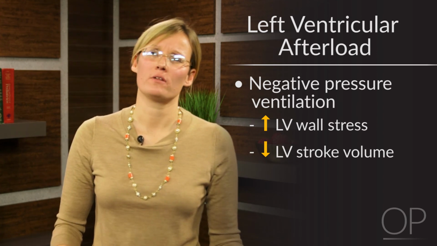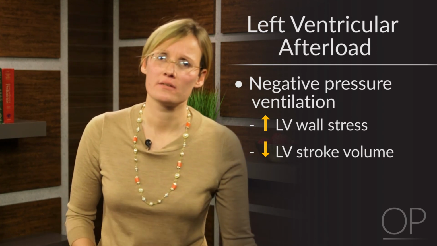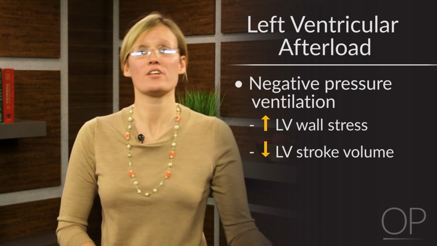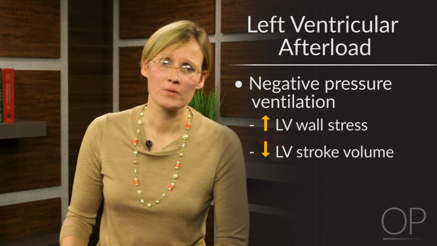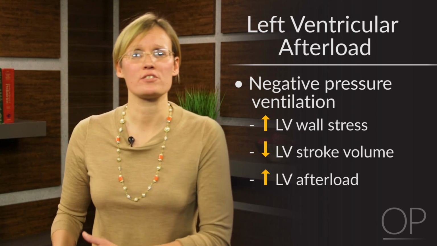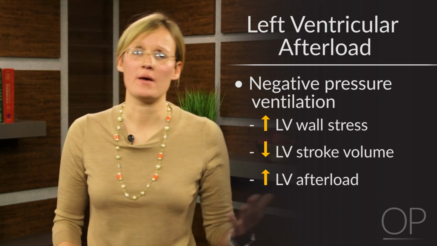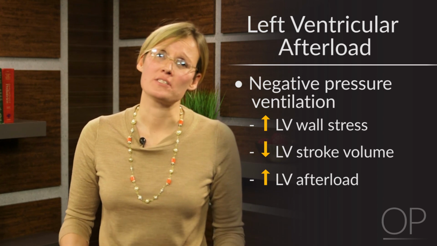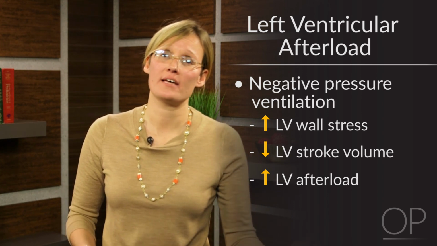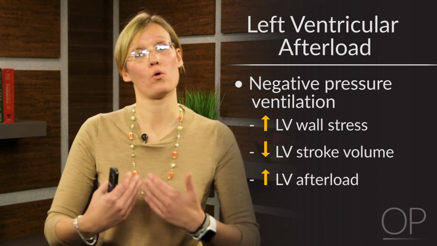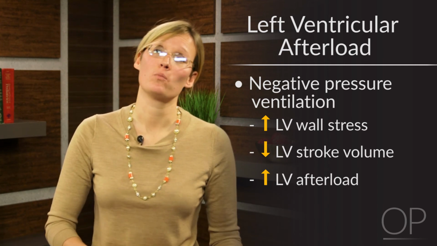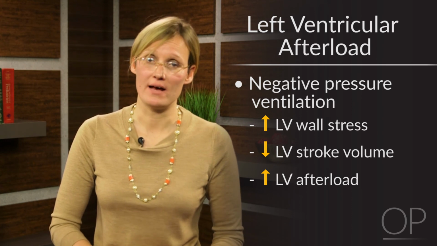So negative pressure ventilation, while it may augment the right-sided preload, which in theory should provide you with more cardiac output, practically speaking, you have to be careful because it will increase your left ventricle afterload. And depending on what your patient has, whether they have predominant right-sided dysfunction, left-sided dysfunction, global dysfunction, or no dysfunction, might decide whether or not you think this is an appropriate modality.